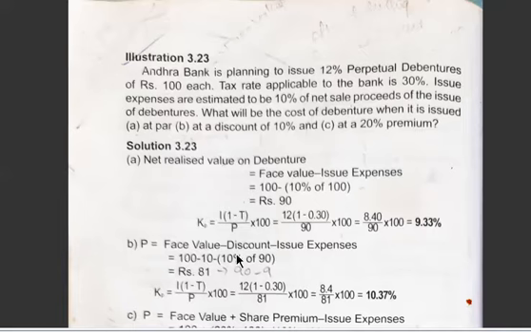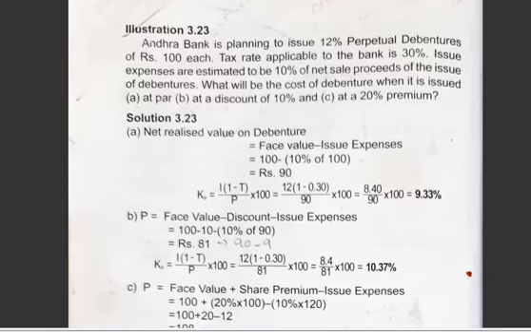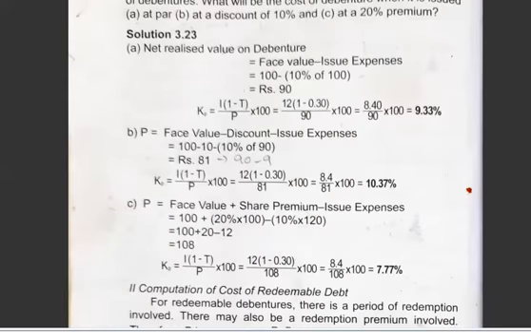Take 90 into 10%, and now you deduct: 100 minus 10 minus 9, you will get 81. Now 12 into 1 minus tax 0.30, divided by 81. This one is the same, 8.4 divided by 81 into 100. You will get 10.37%. Okay, next.